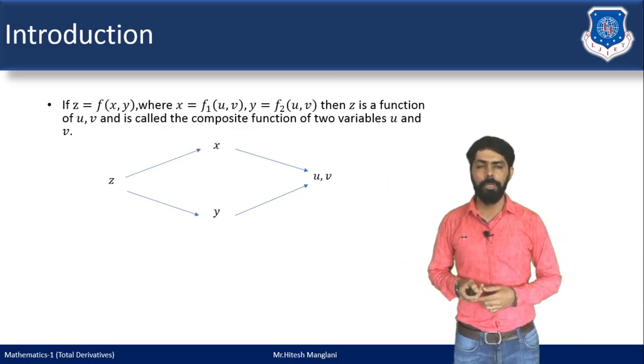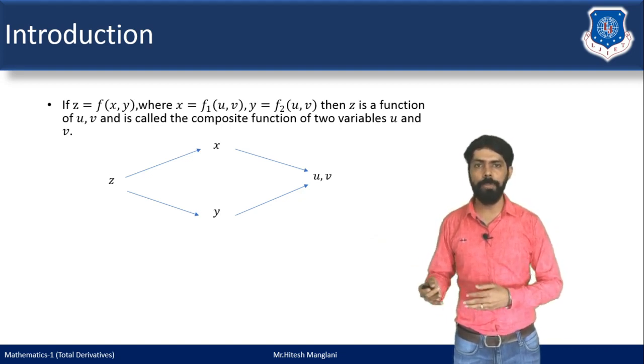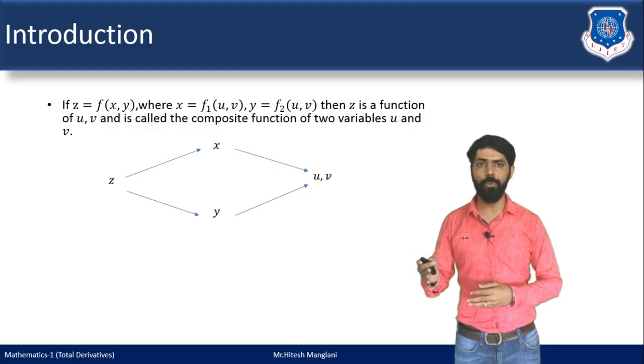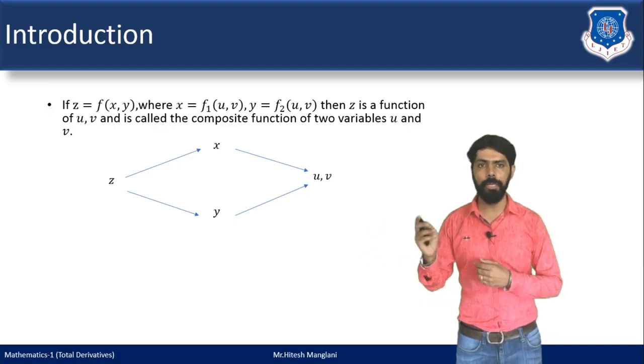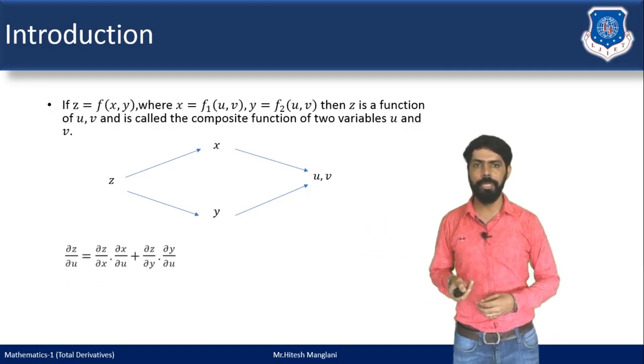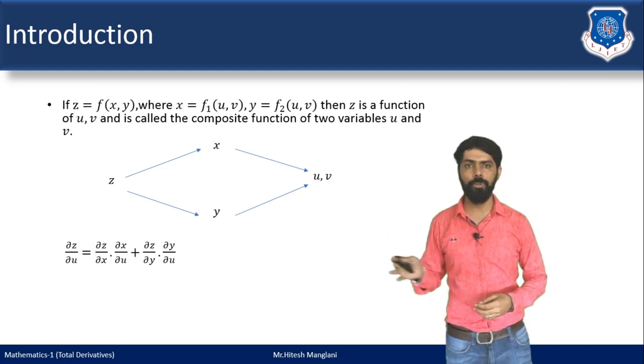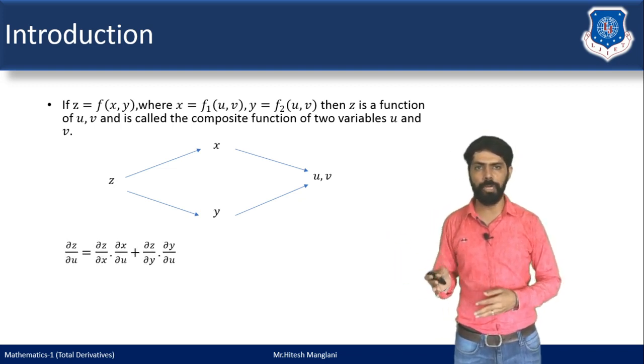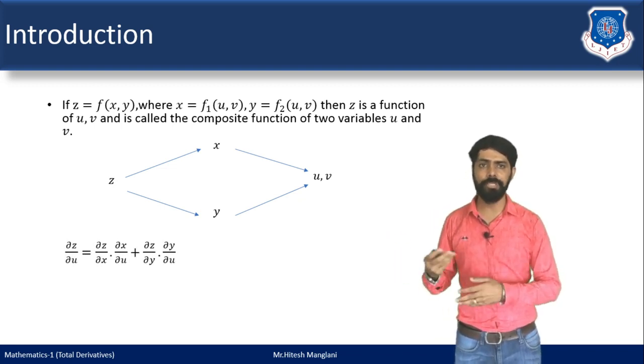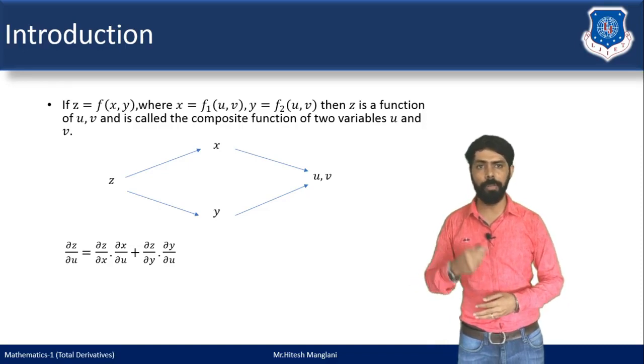So here first of all, del z by del u will be del z by del x into del x by del u plus second part, that is del z by del y into del y by del u. So this is del z by del u. Here you can see that z is a function of two variables, that is x and y, and x and y are also functions of two variables.